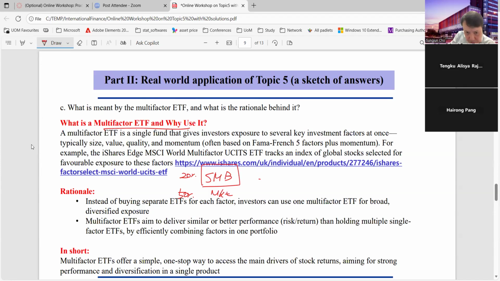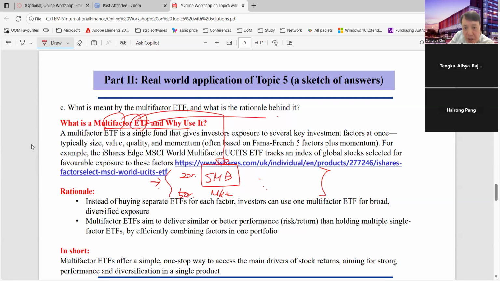You can do this. So you can form a portfolio of factors itself. Now BlackRock tries to introduce the so-called multi-factor ETF. This is doing similar things, but they are doing it more efficiently, and based on their research.